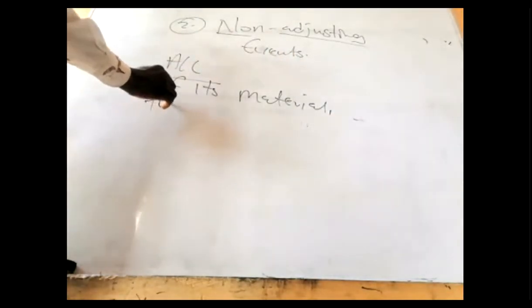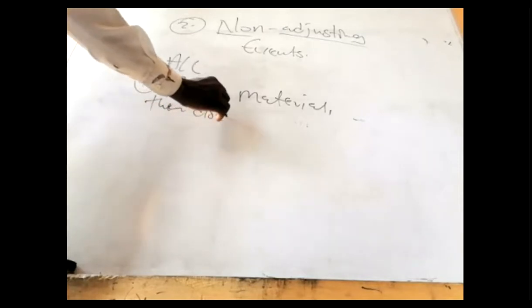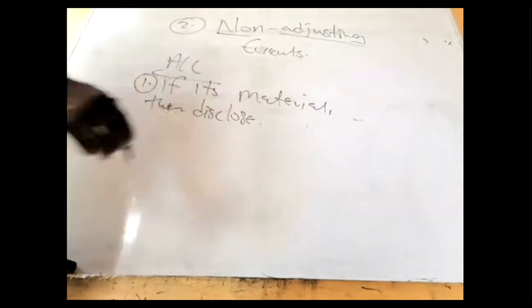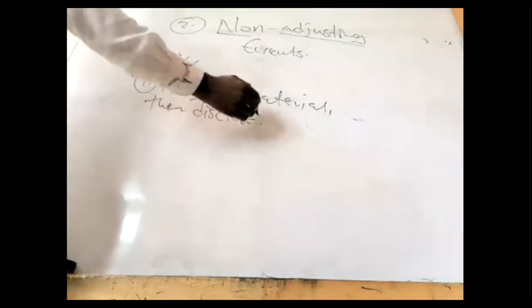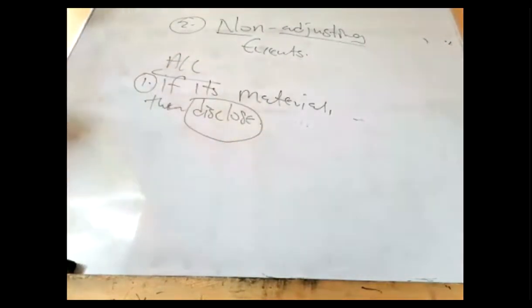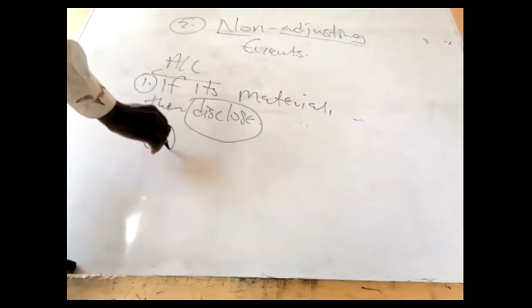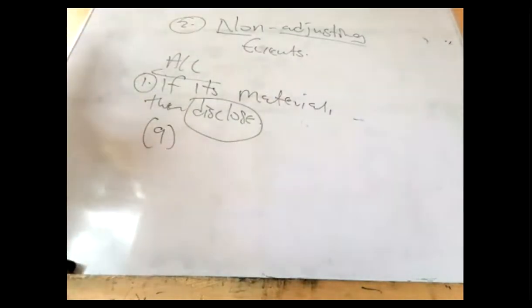Disclose. Then disclose. Now, if I want to disclose, the standard gives us how it must be disclosed. That's all. The standard is saying that the disclosure simply means number 1, tell us the nature of the event.